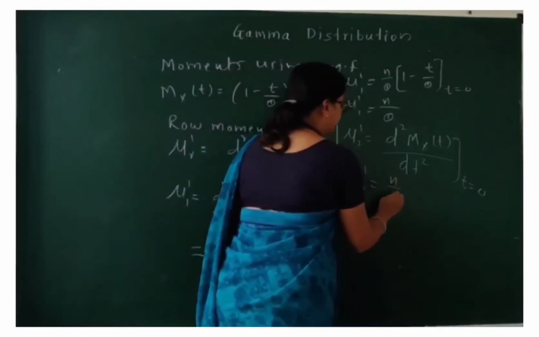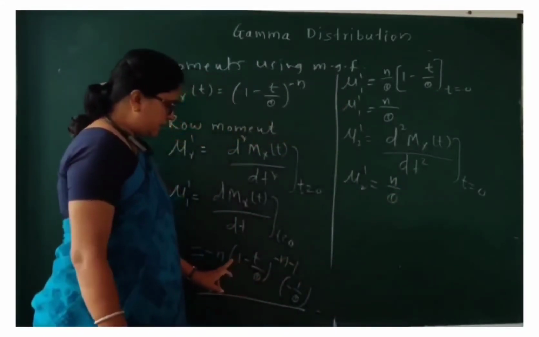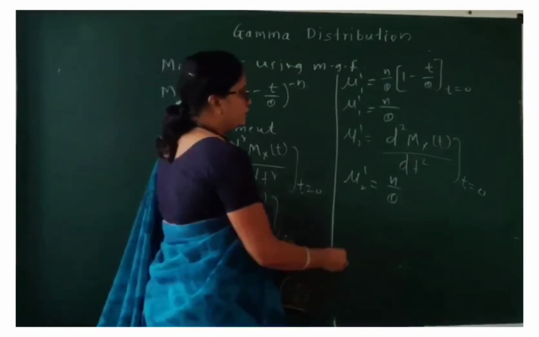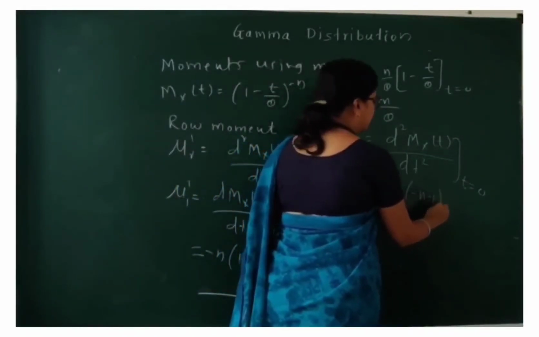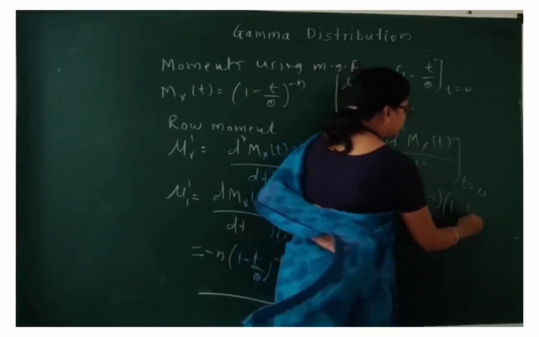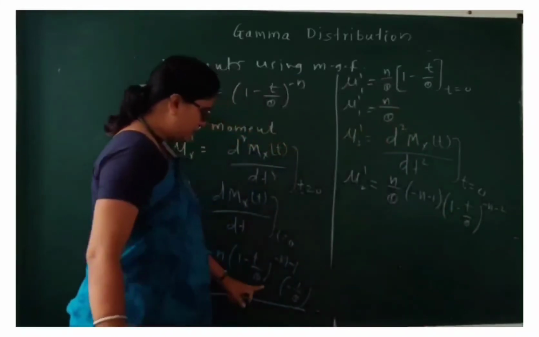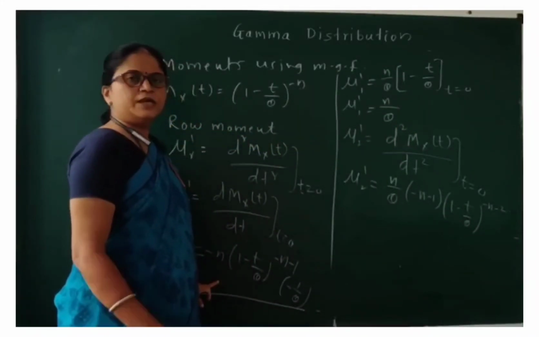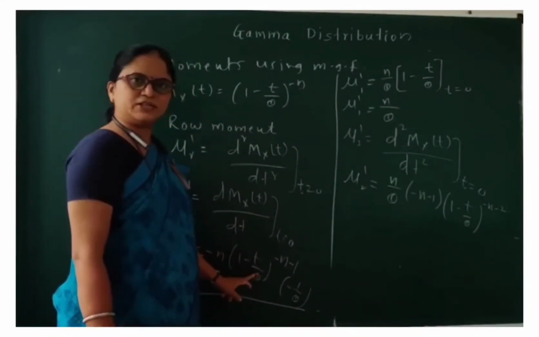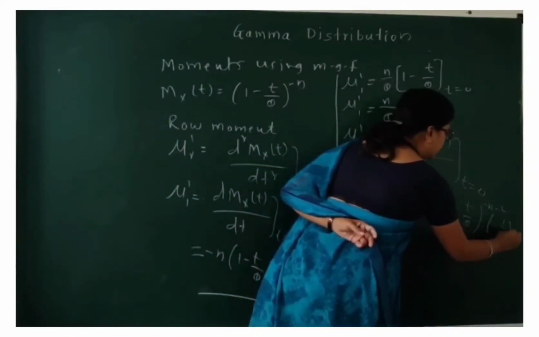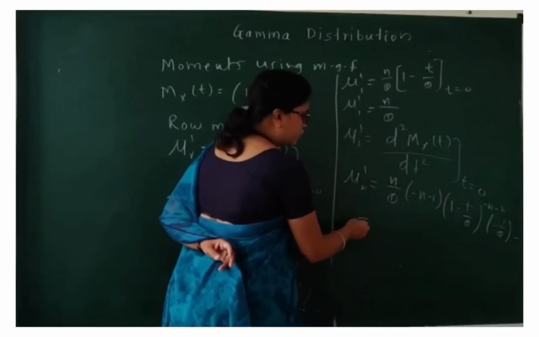Again, the derivative of this term, that is (1 minus t by theta) raised to minus n minus 1, is minus n minus 1 times (1 minus t by theta) raised to minus n minus 2, isn't it? Derivative of this into the derivative of minus t by theta, which is minus 1 upon theta. So let me simplify this term.